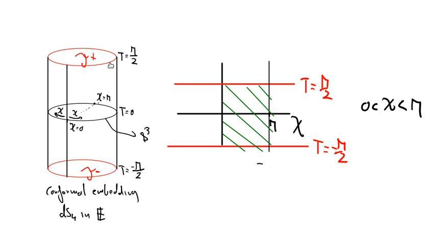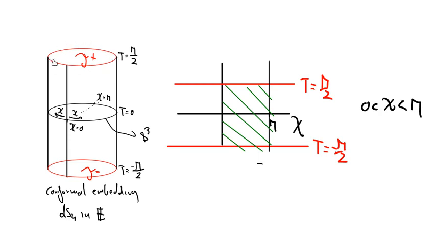You remember that T in the Einstein cylinder goes along the axis of the cylinder. Since our region goes from T equal to minus pi half to T equal to pi half, we just have to cut the cylinder at T equal to minus pi half and T equal to pi half. And this is what I have done here.